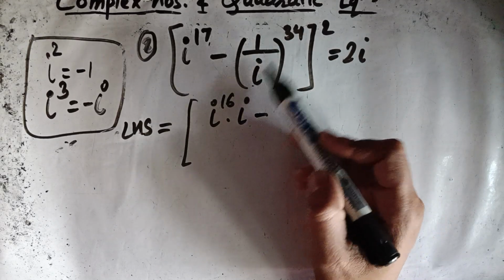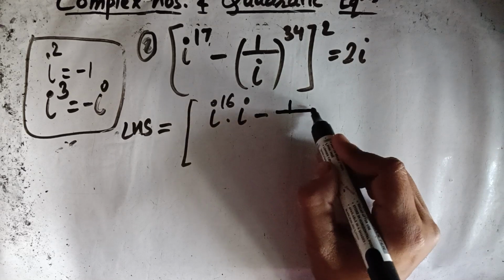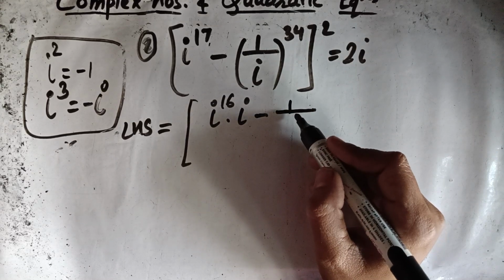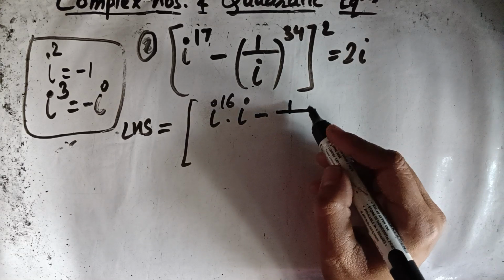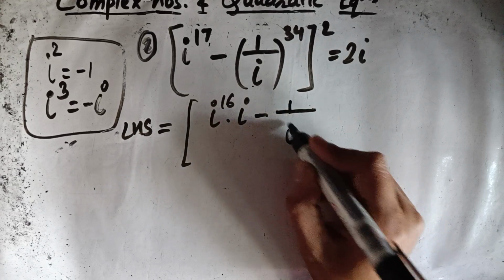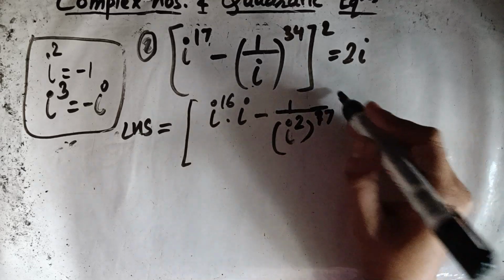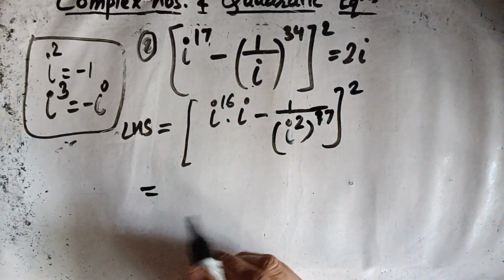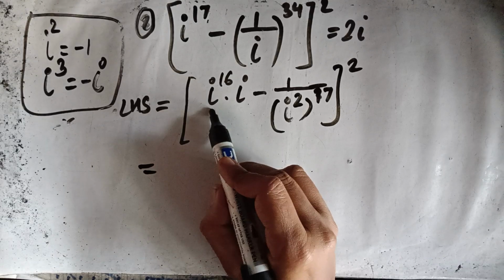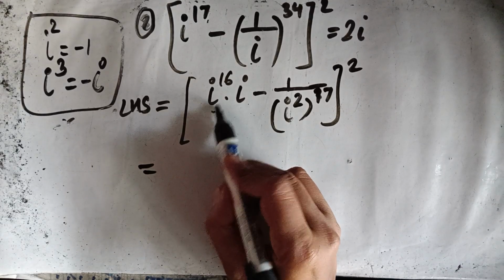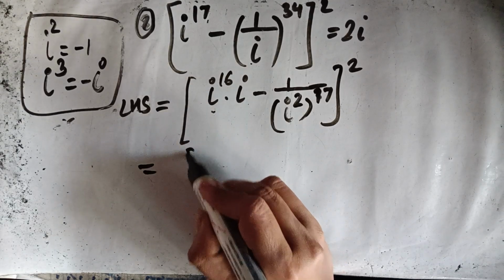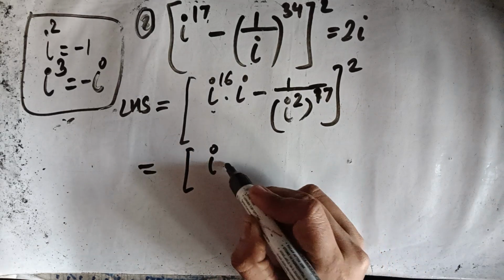So we can write this as 17 2s are 34, so i square raised to 17. i raised to 16 is (i square) raised to 8, so this is a positive number i.